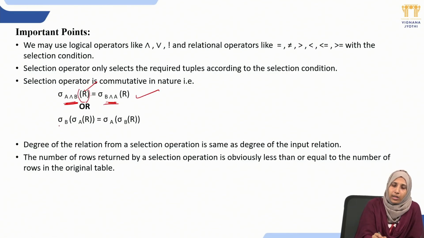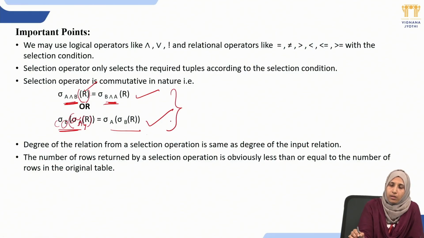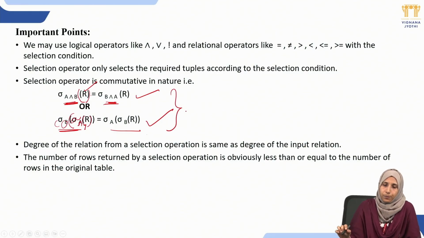Or if I write select condition B, inside the bracket select A, inside the bracket relation R, these brackets don't matter. Either you can write A first or B first, both cases are the same. This is applicable with the selection operator only.